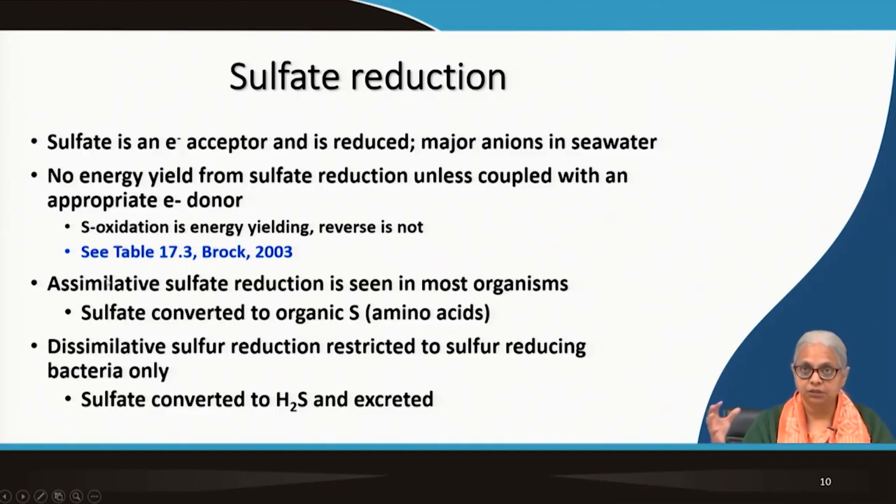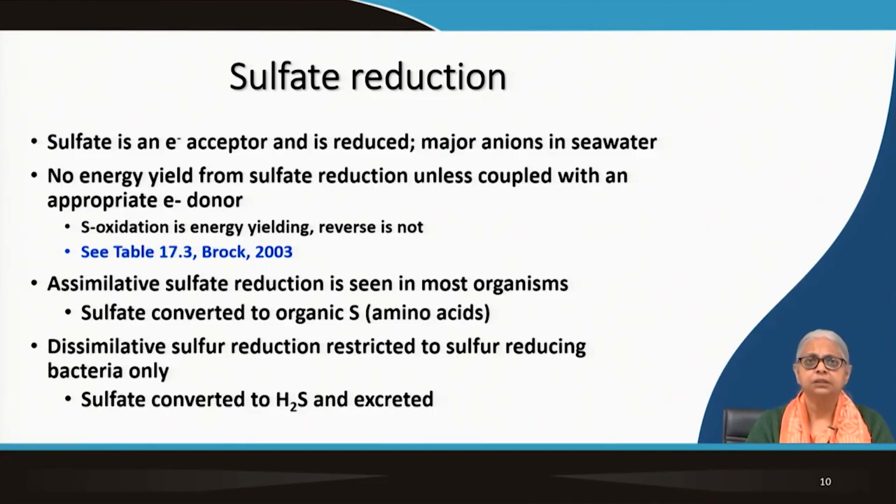So assimilation into the organic biomass of the organism is what we call assimilative sulfate reduction, and that is common in almost all organisms, whether they are microorganisms or higher organisms. This sulfate is converted to organic sulfur, and you know that organic sulfur is present in at least two amino acids, yes, cysteine and methionine. So these are the two amino acids that contain organic sulfur.